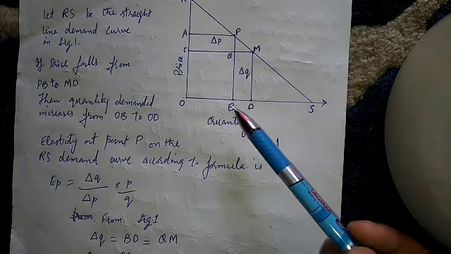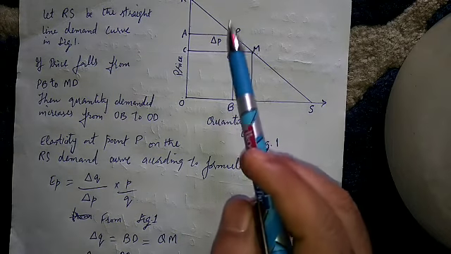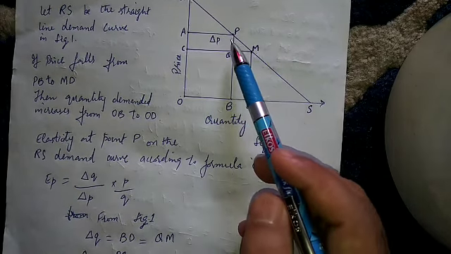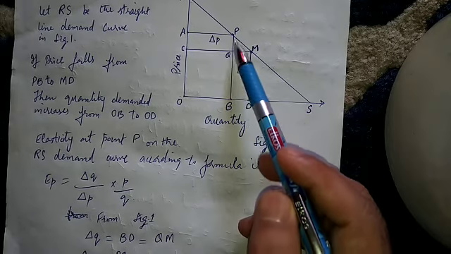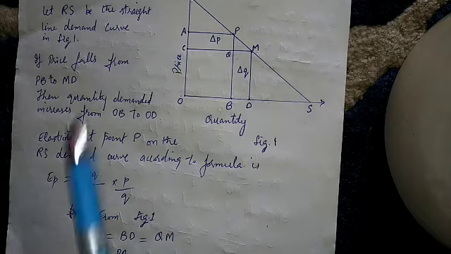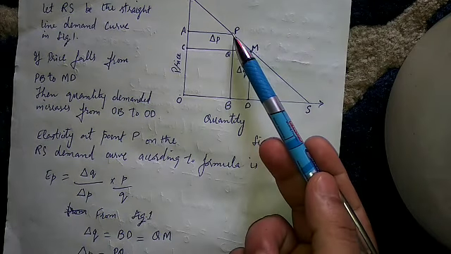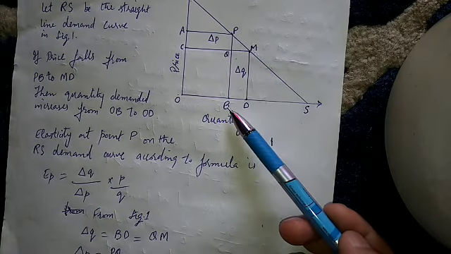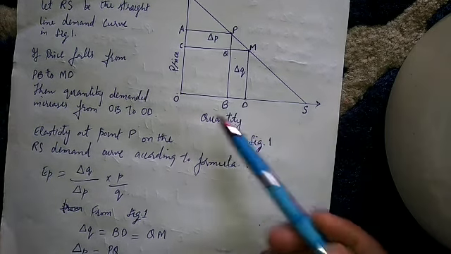And change in P is equal to PQ, and the initial price and quantity are P is equal to PB and Q is equal to OB.